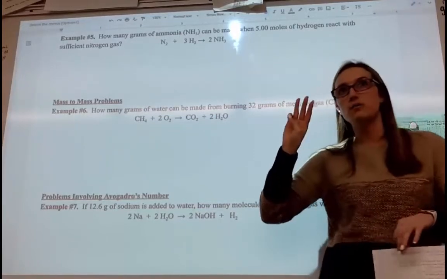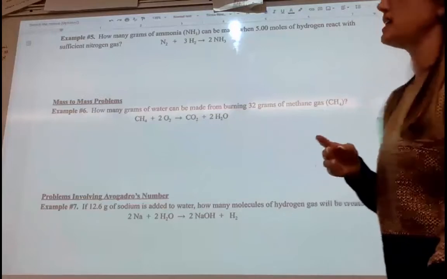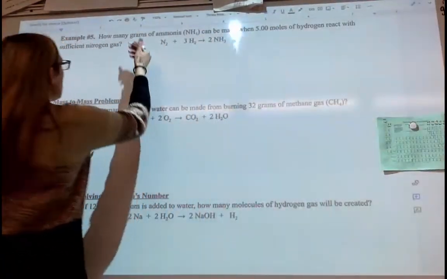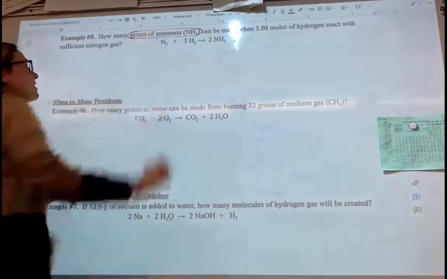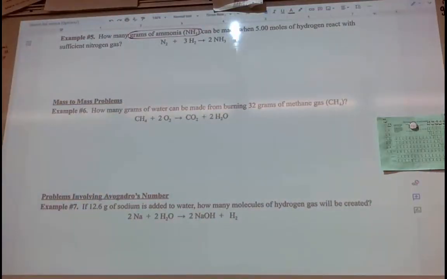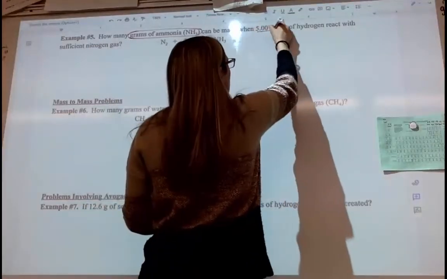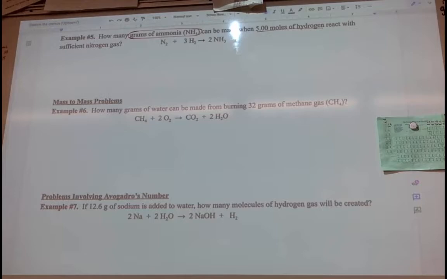It can't be grams, it has to be moles, and then we go back out to whatever unit it's asking for. So if we look at example 5, this says how many grams of ammonia? I'm always going to circle what I'm trying to find so that it's easy to find when I reread the question. Can be made when 5 moles of hydrogen react with sufficient nitrogen gas.